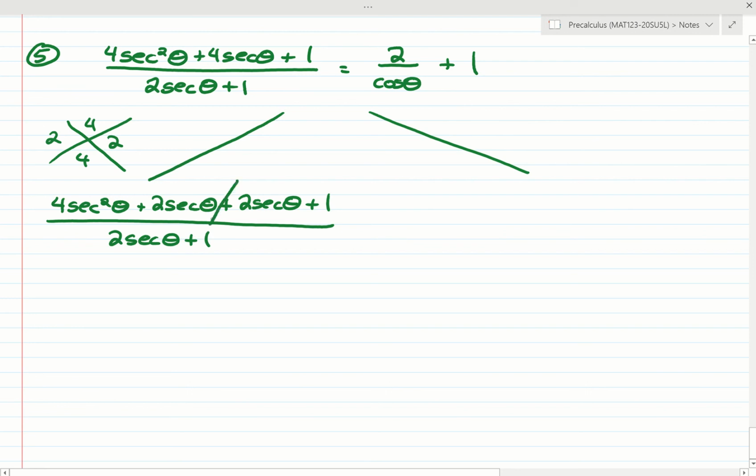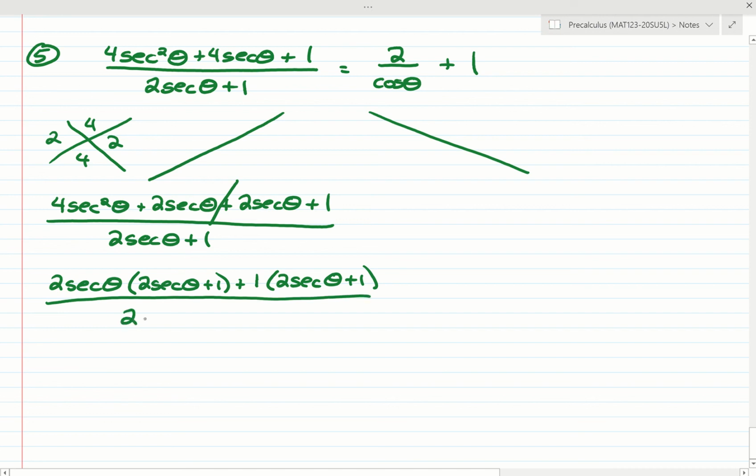I'm going to cut this down the middle. I could take out a 2 secant of theta, that's our GCF, and this would be 2 secant theta plus 1, plus we could just take out a 1 here, we'd get 2 secant theta plus 1. We could see that we do have the same GCF between both terms.